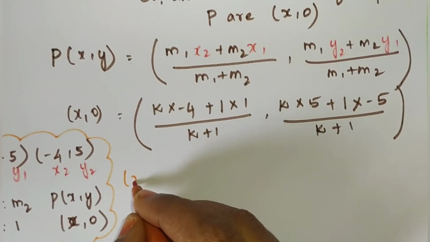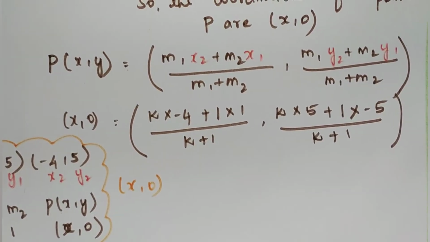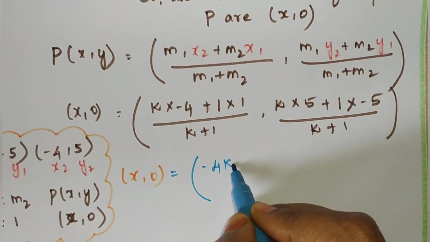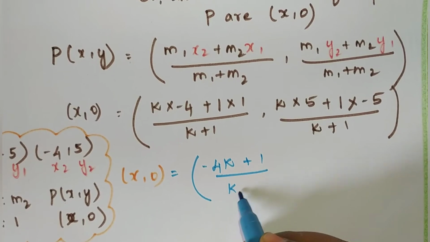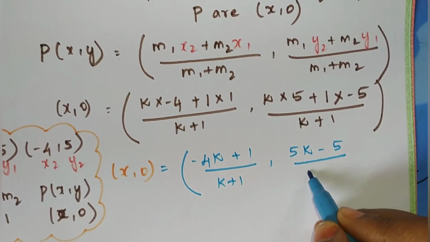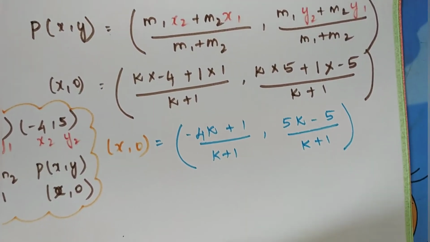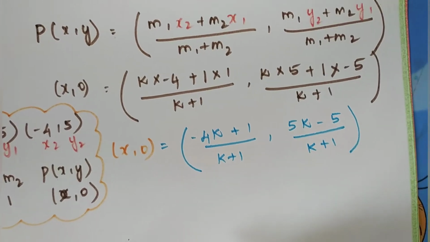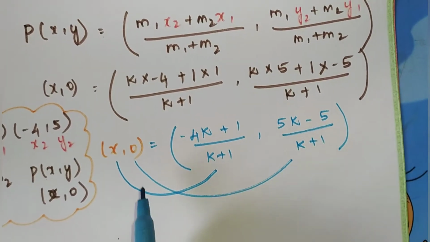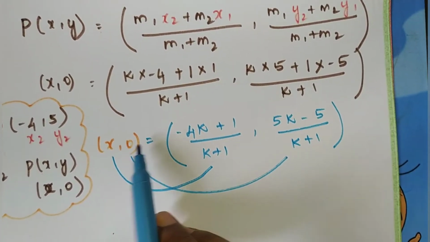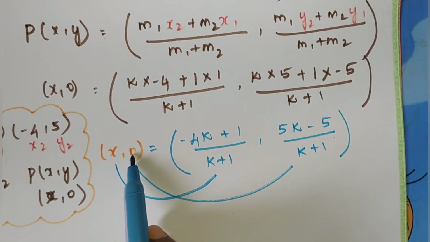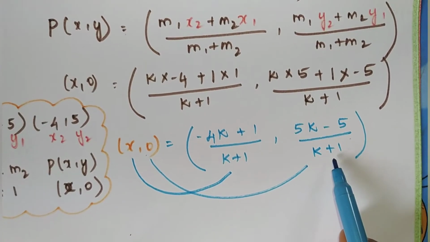So now (x, 0) is equal to (-4k + 1) divided by (k + 1), (5k - 5) divided by (k + 1). Next, what we have to do, we can compare these two and these two. If we compare the y coordinate, we will get the value of k, because here we have 0.